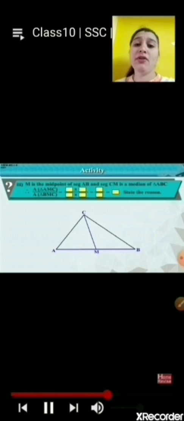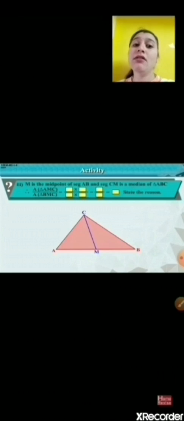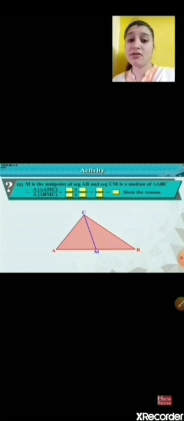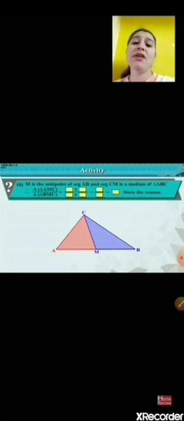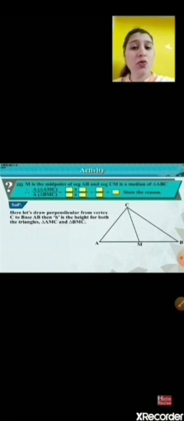So let me go to the third one. Here, third question, we are given to state the reason. So when I am talking about reason, you have to write the reason. You have to be very particular about the reason. So I am talking about area of triangle AMC and BMC. Base into height.